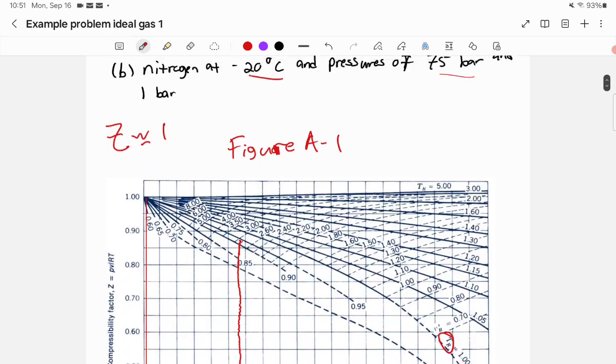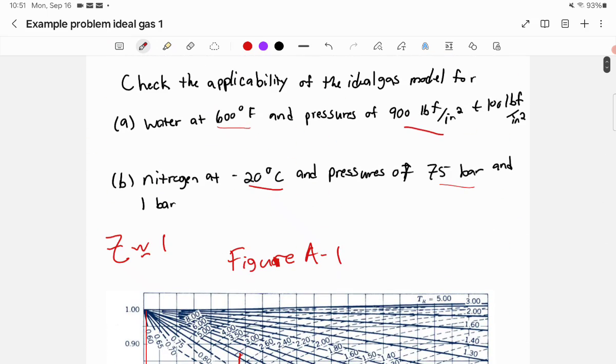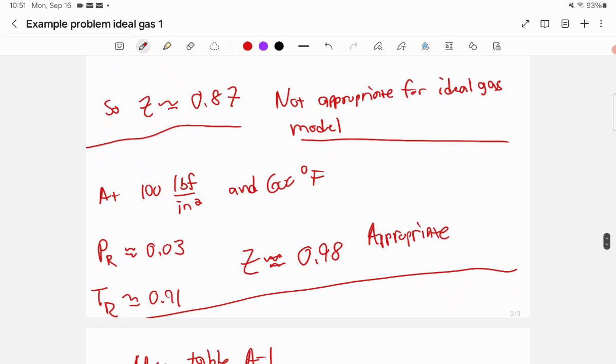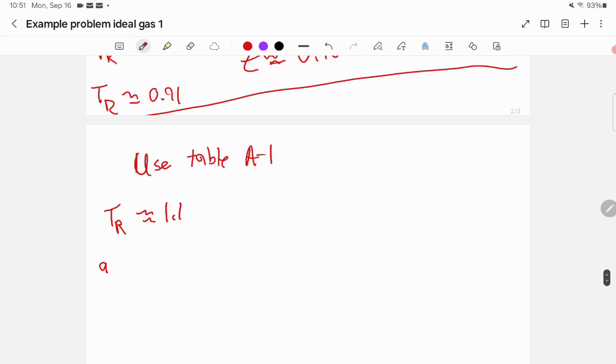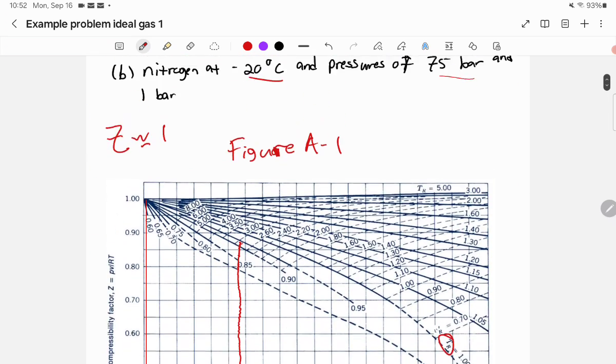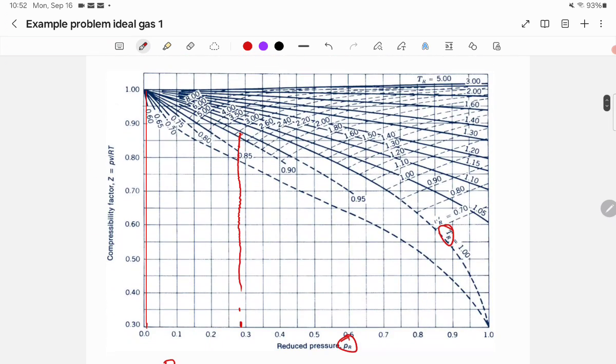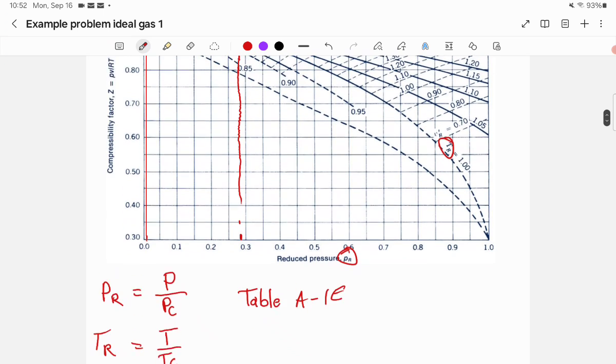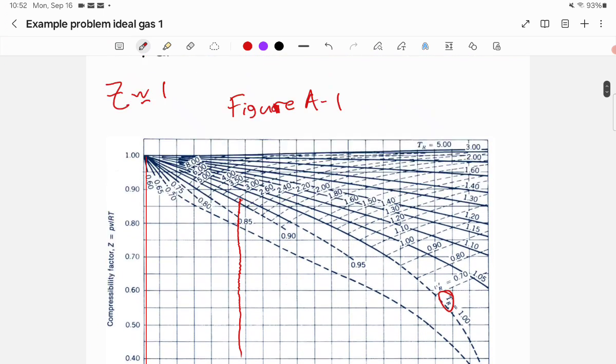And for the first scenario, 75 bars, the reduced pressure is approximately 2.24. That's roughly what I got. So that's actually not even on this chart here.